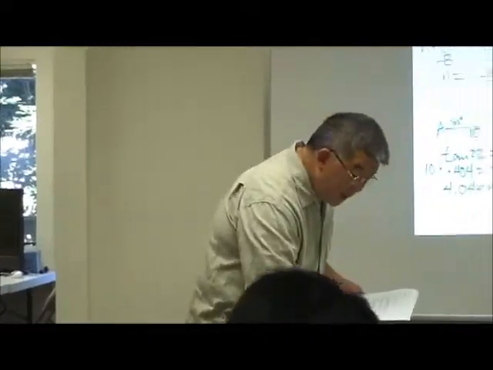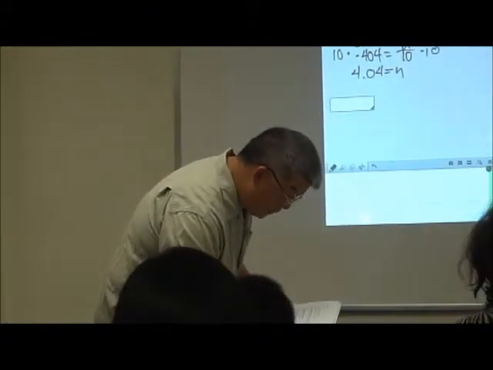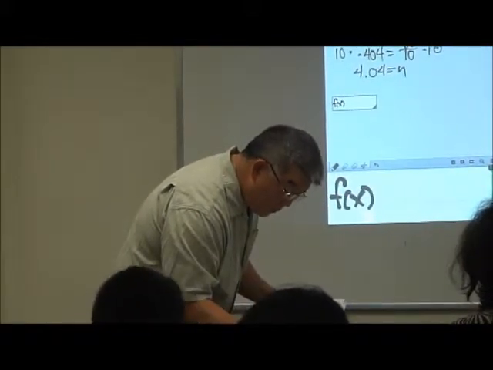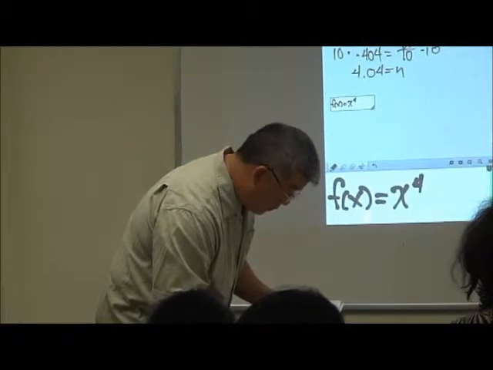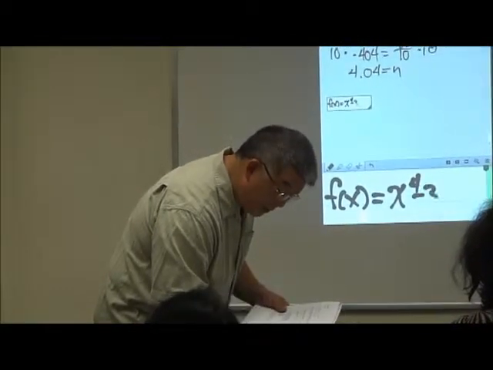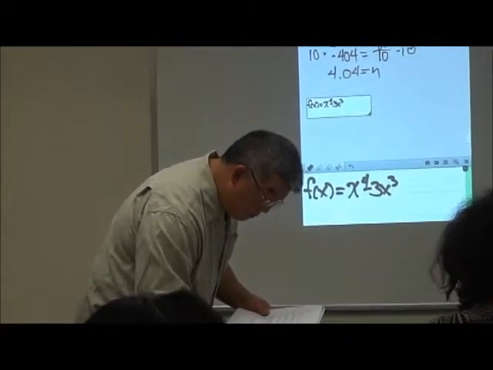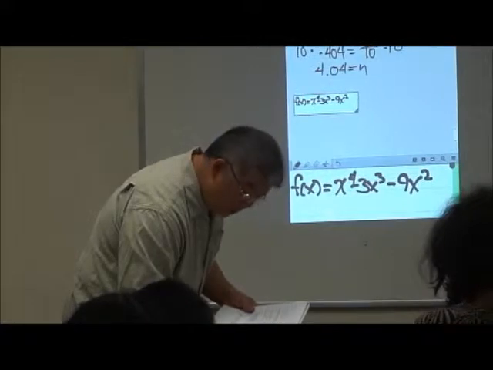Example 4 is a question that says this: f of x equals x to the 4 minus 3x to the 3rd minus 9x squared plus 4.